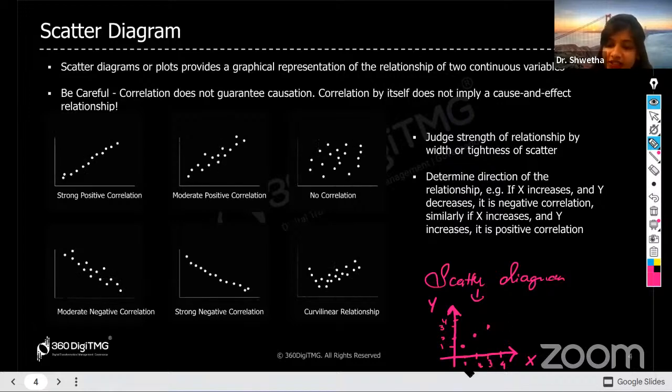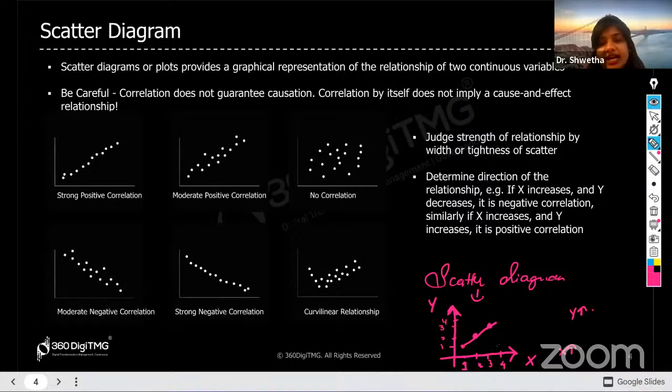So here we can see that as the value of x is increasing, even the y is increasing. There's a direct linear relationship between x and y.